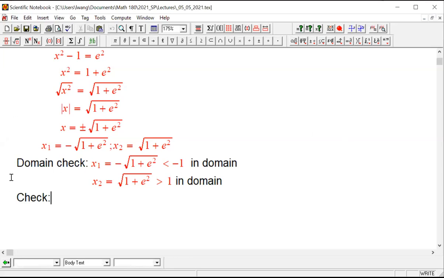From here, when you do the equation check, you can actually start from here, and you can square both sides. When you square both sides, you are going to get 1 plus e squared.